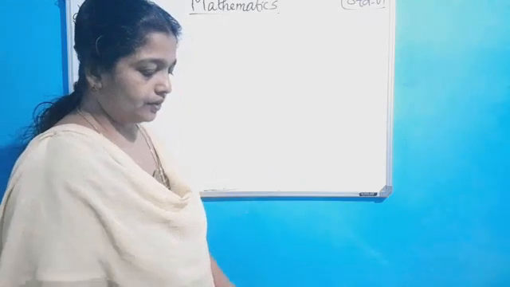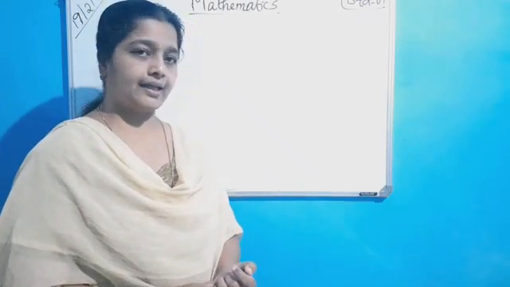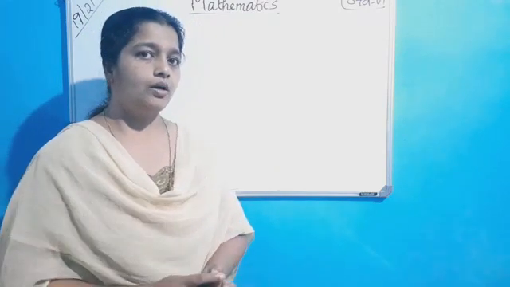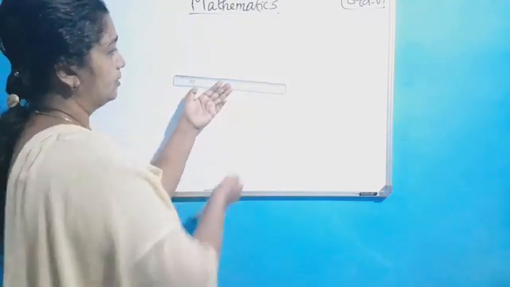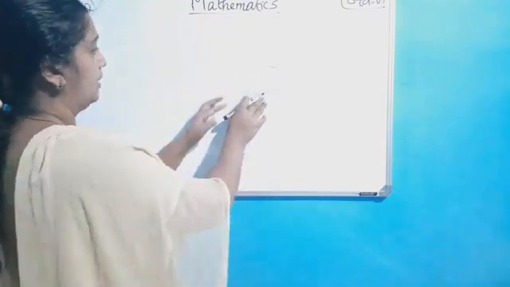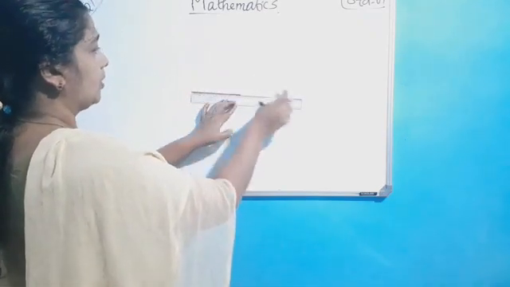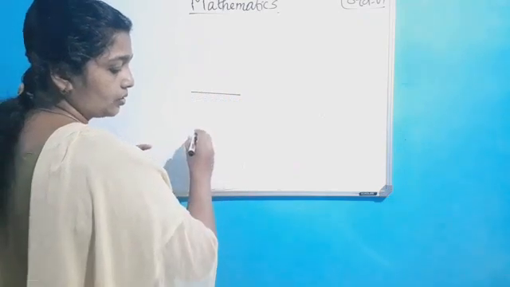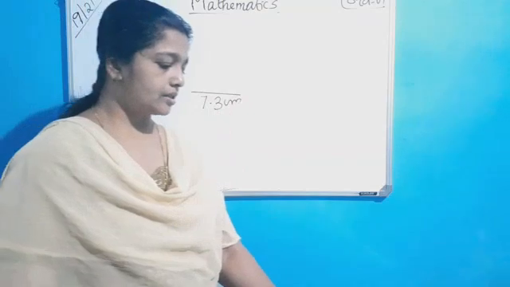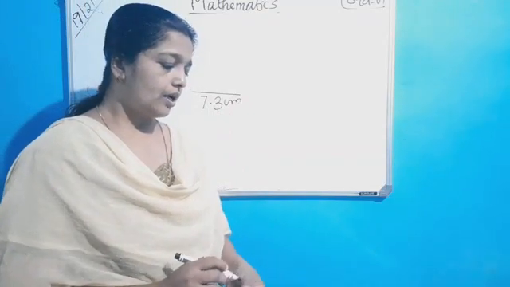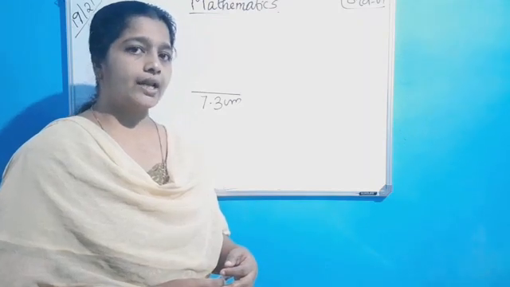Next one, from page number 278. Draw a line segment of length 7.3 centimeter using a ruler. First take the scale and fix it, and from 7.3 take the measurement. So this is 7.3 centimeter. Clear? Next, construct a line segment of length 5.6 centimeter using ruler and compass.